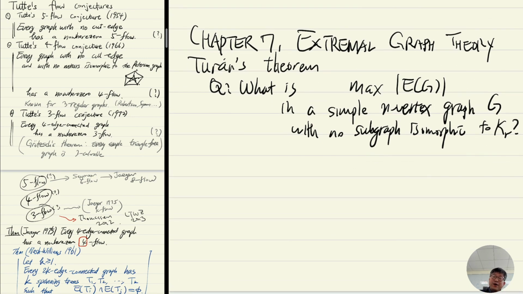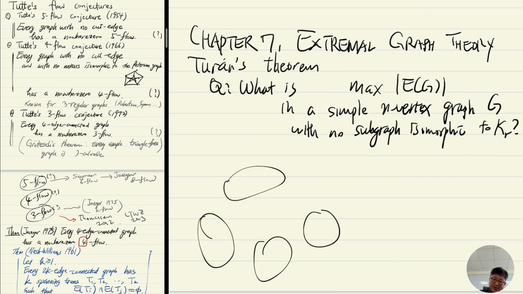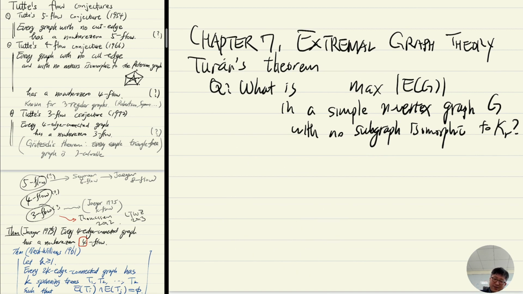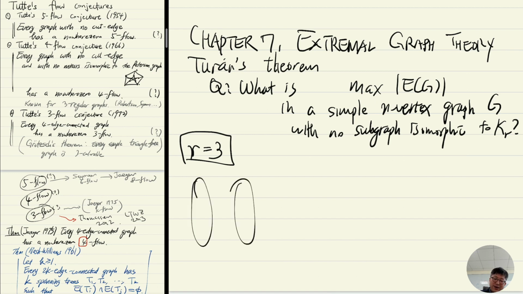Here's one example. Let me start with the easy case when r is 3. What can you do? You don't want to have a triangle. The best you can hope for is to divide the vertex set into two parts of roughly the same size and make a complete bipartite graph.